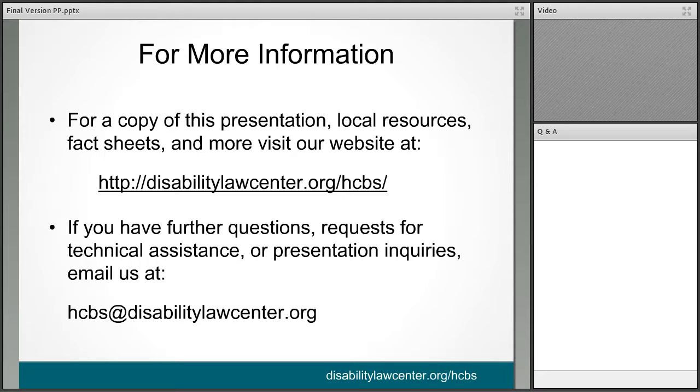If other individuals in his same program needed the same degree of support to access the community, they would have the staff necessary to do that as well.